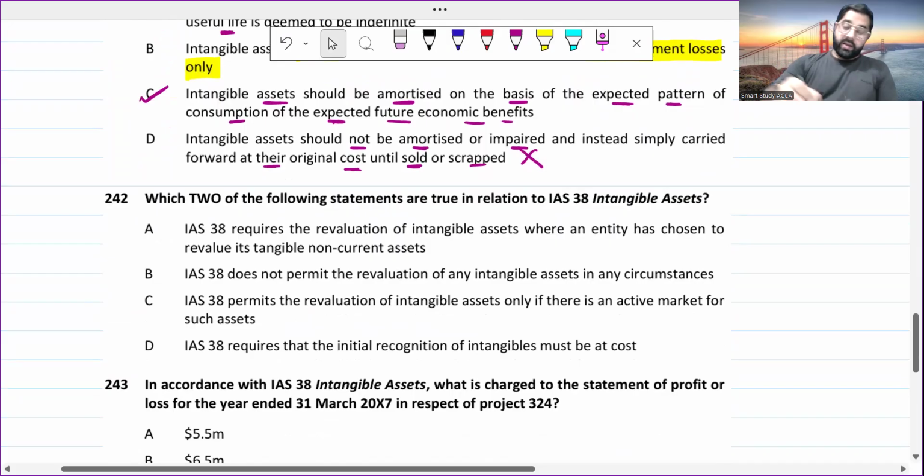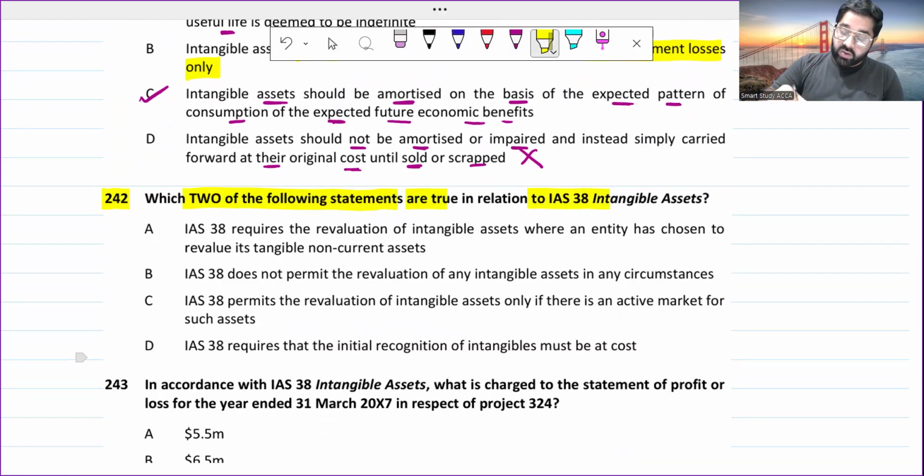Now, next, 242. Which two of the following statements are true in relation to IAS 38 Intangible Assets? Option A, IAS 38 requires the revaluation of intangible assets where an entity has chosen to revalue its tangible non-current assets.